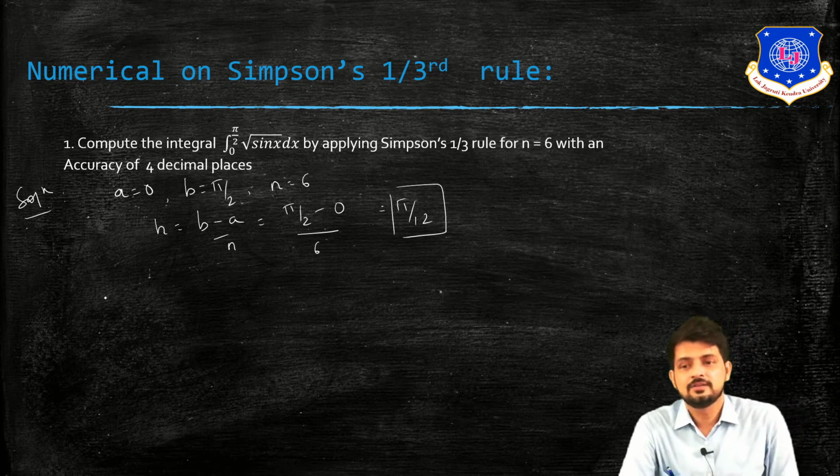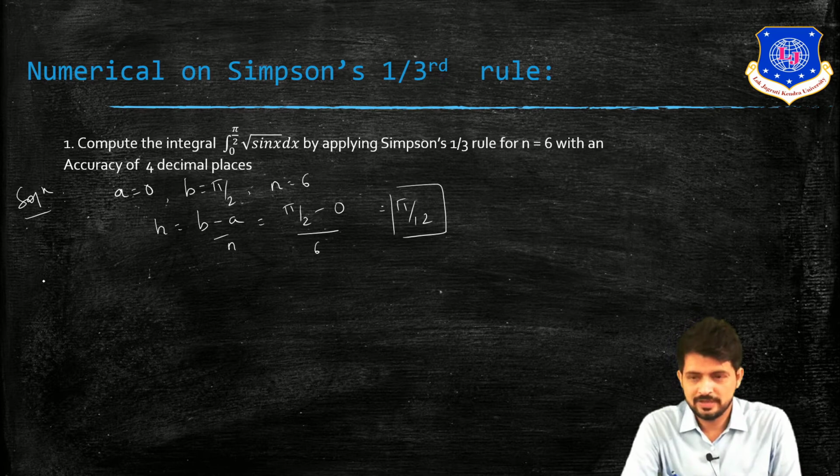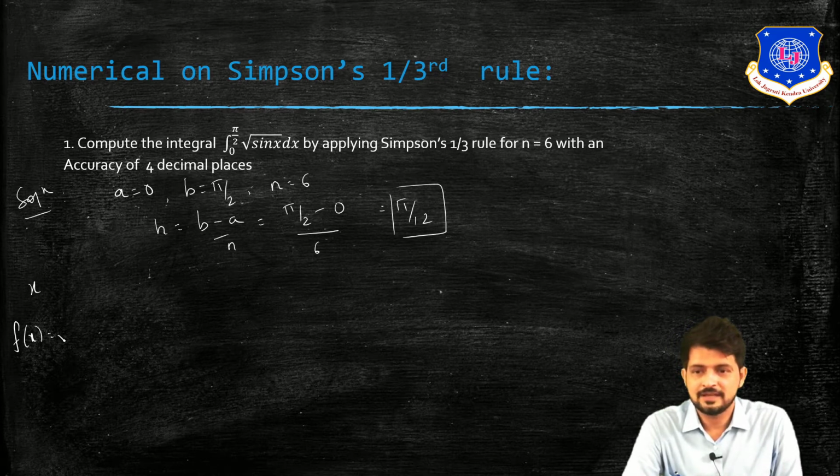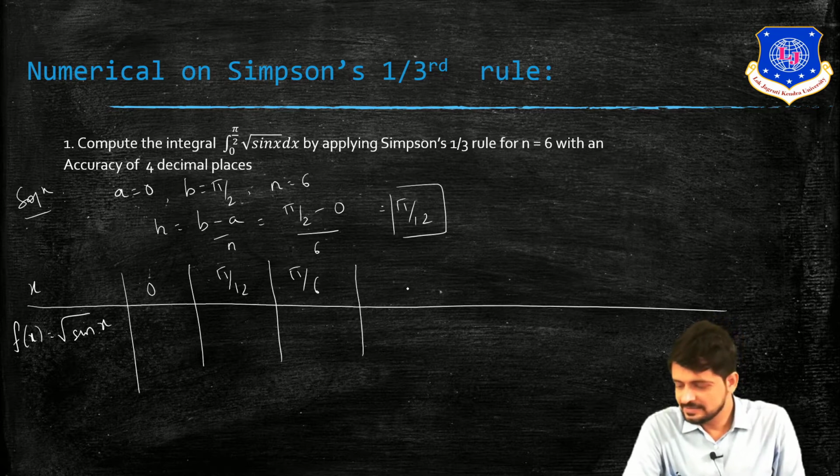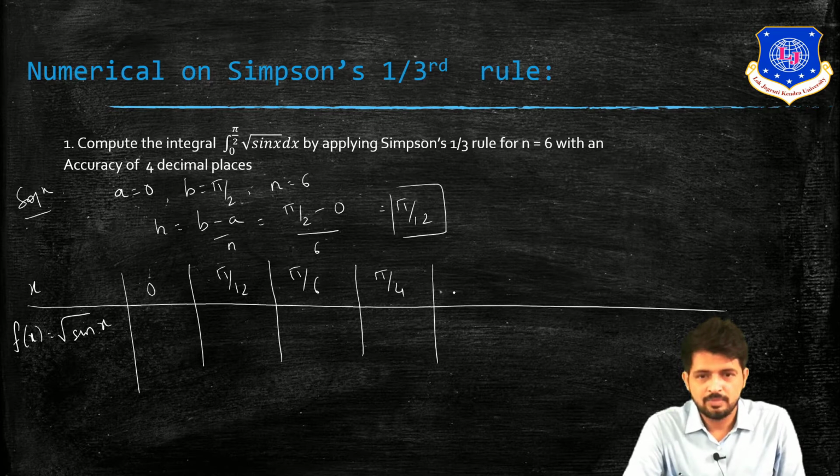What is our next step? We have to make a table, x and f of x is equal to under root of sin x. What is my first value? 0. Then I have to take the differences of pi by 12, so it will be pi by 12. Then pi by 12 plus pi by 12, that is 2 pi by 12, that is pi by 6. Pi by 6 plus pi by 12, pi by 4.